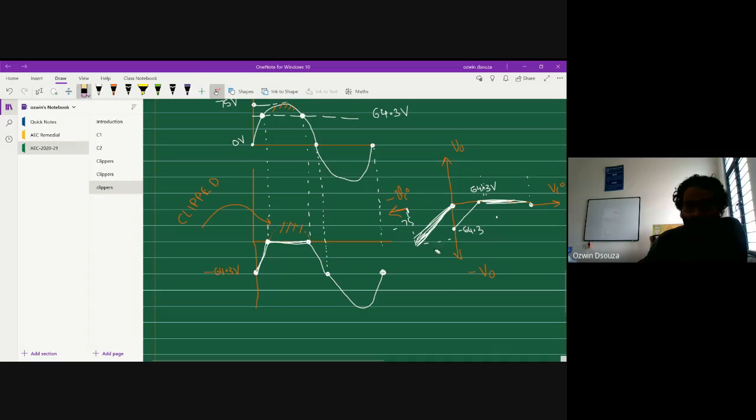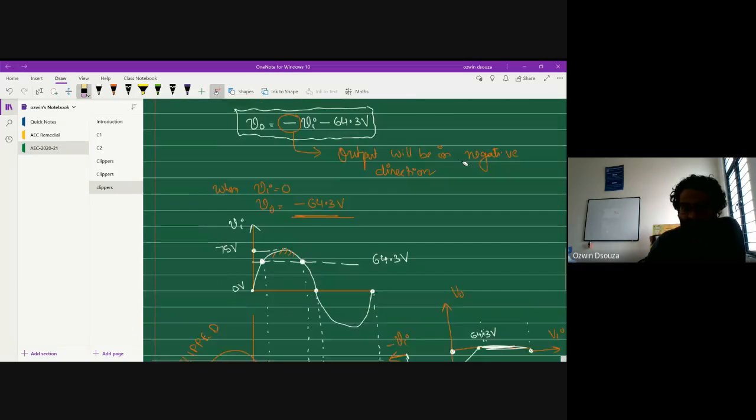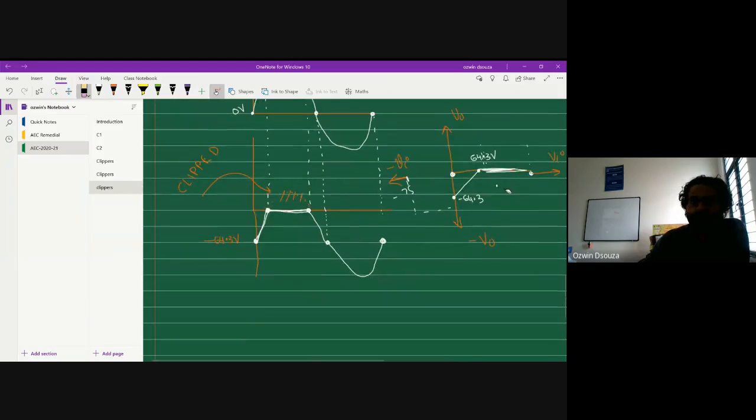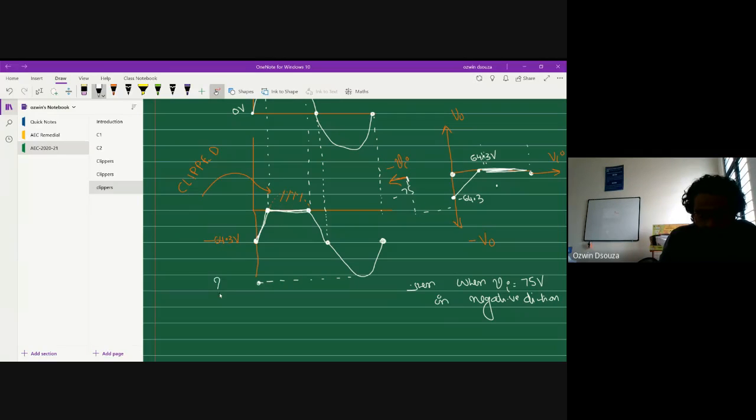Similarly, in the negative half cycle, once again, when the input is 0, output will start from the minus 64.3 level. Then when Vi is equal to 75 volts in the negative direction, what will be the peak?